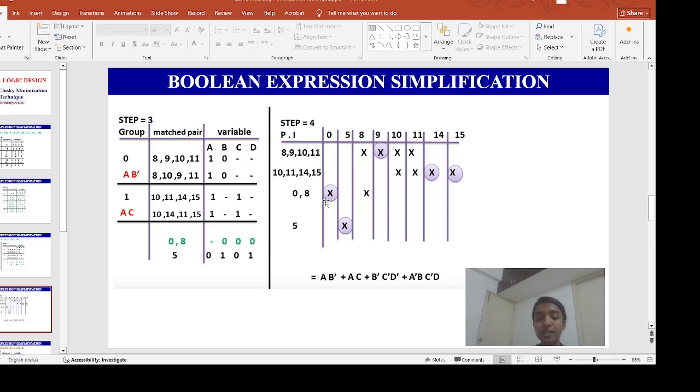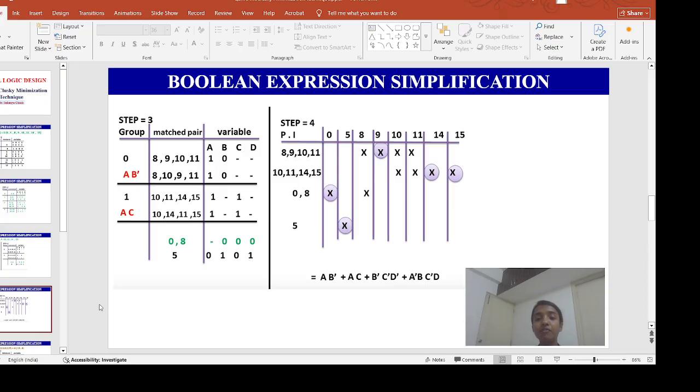And across 0 and 8, what is the expression? B bar, C bar, D bar, because this is an underscore. And across 5, what is the expression? A bar, B, C bar and D. So this is your final expression.